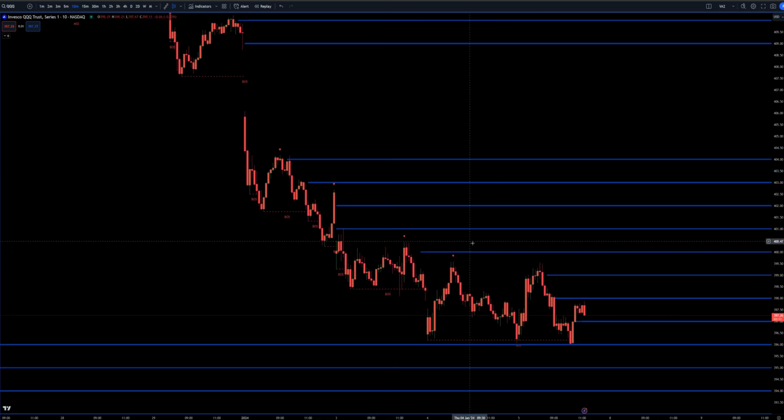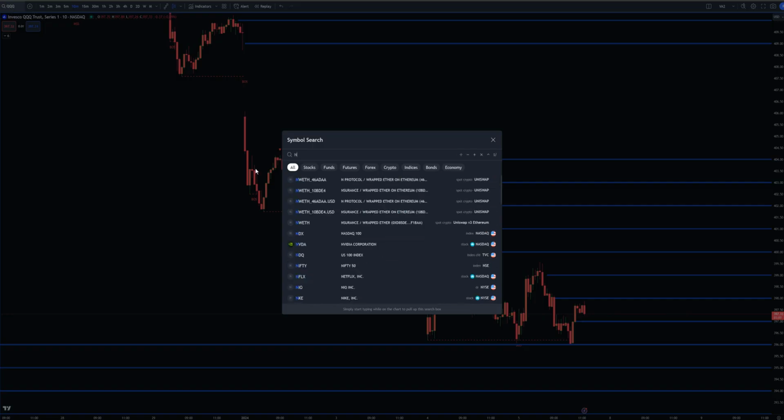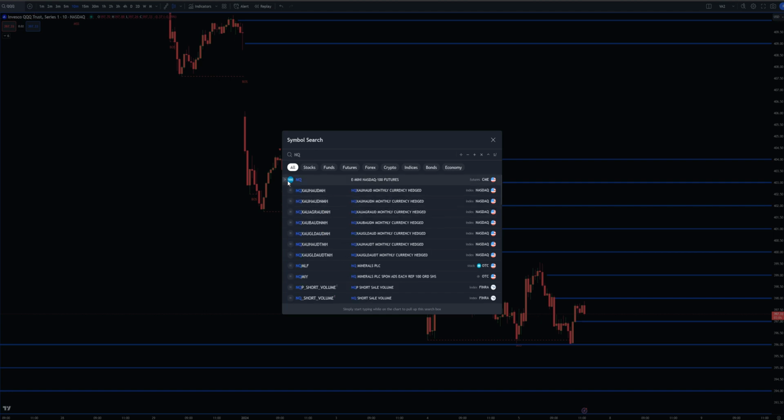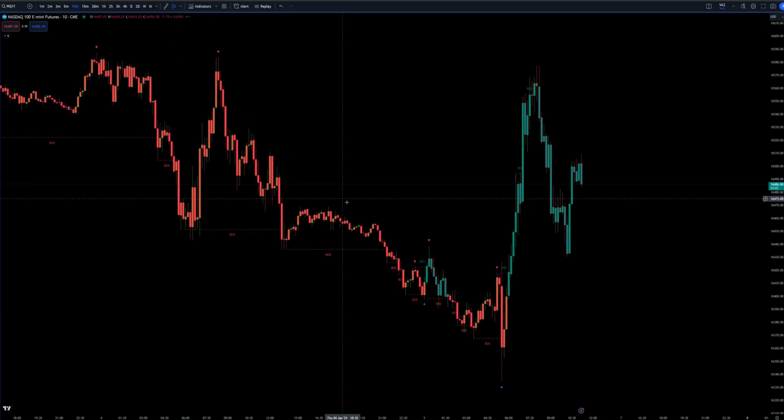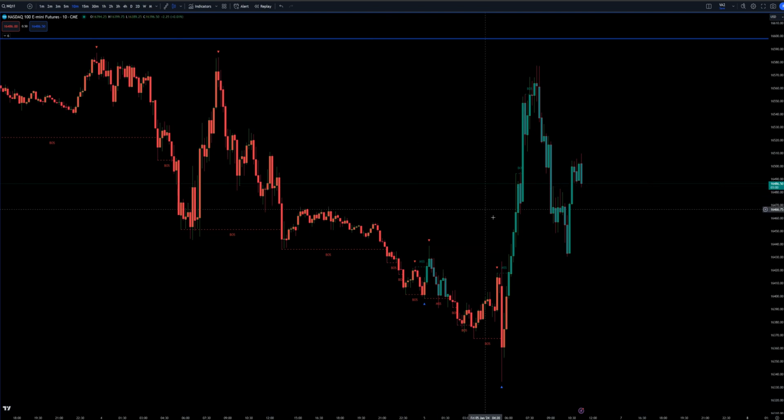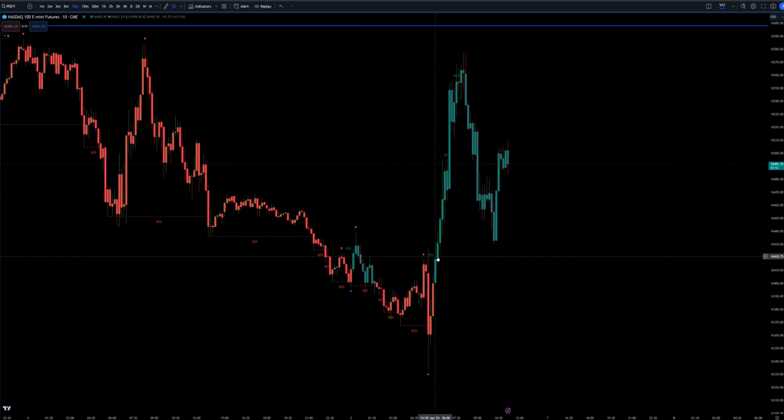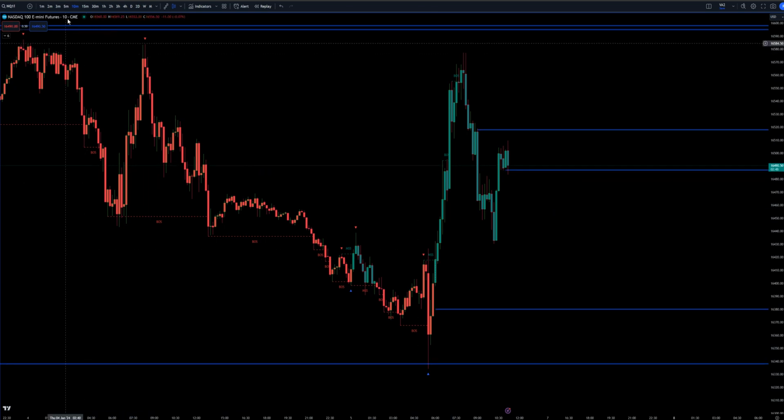Today, so far, we have a protected low, at least on Nasdaq. If I change it to QQQ, I'm only looking at the market hours. But if you look at the Nasdaq, Nasdaq does have a protected low, and you can see here the market structure shift on Nasdaq already on the 10 minute chart.